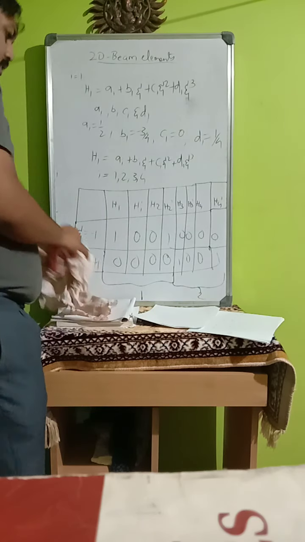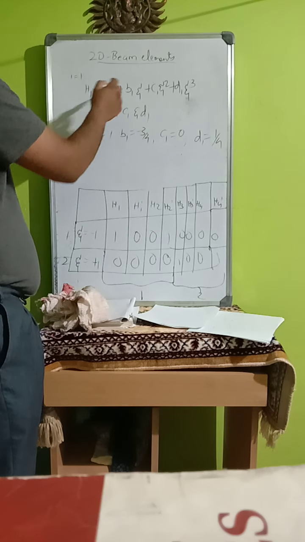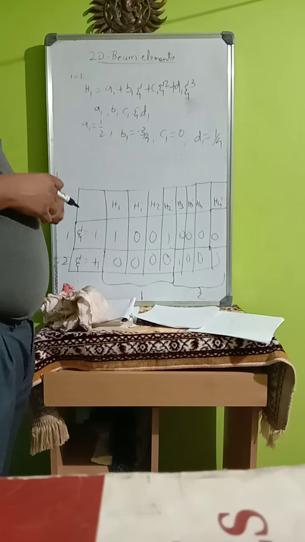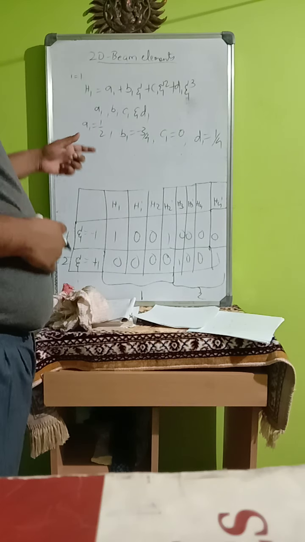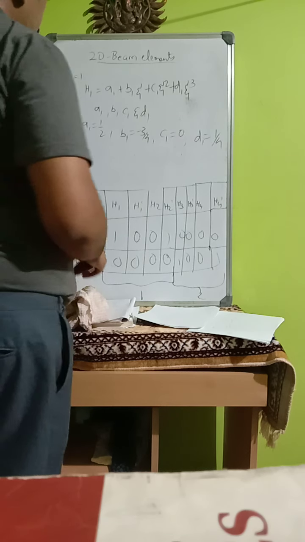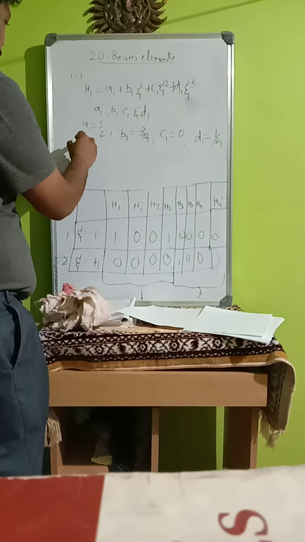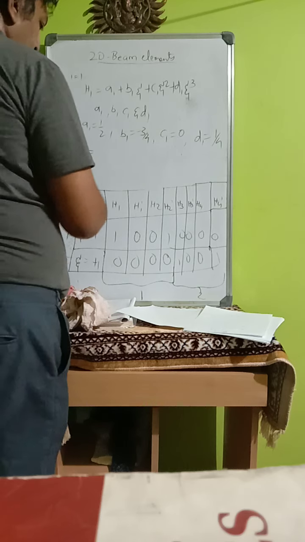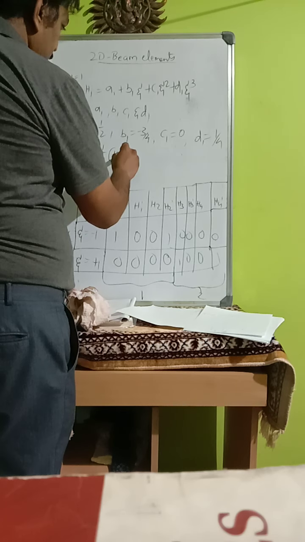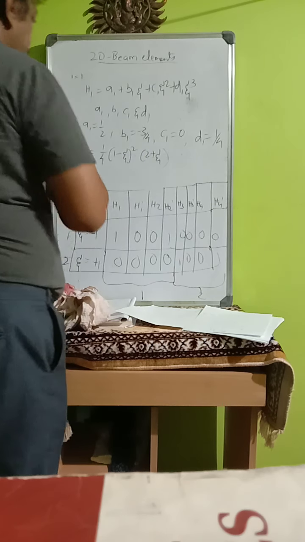After substituting these values of a1, b1, c1 and d1 in the equation for h1, the displacement model we have adopted according to the Hermite shape functions, we get h1 equal to 1 by 4 into (1 minus zeta) whole square into (2 plus zeta).